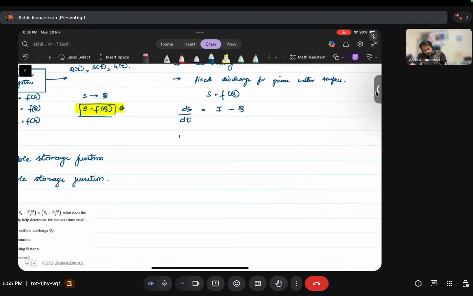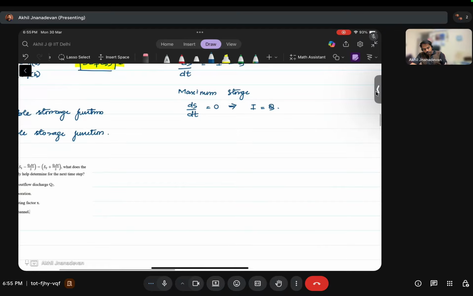So maximum storage will be when dS by dt is equal to 0. That implies inflow is equal to outflow. This is the condition for maximum storage based on the continuity equation. For such reservoirs, the peak outflow occurs when the outflow hydrograph intersects with the inflow hydrograph.